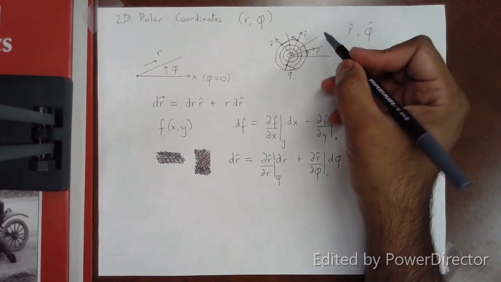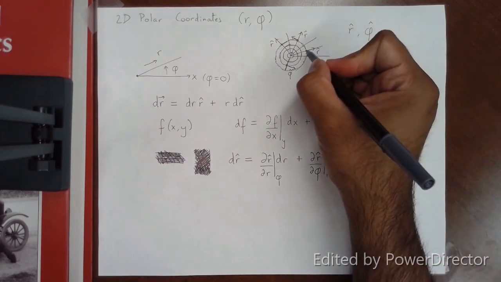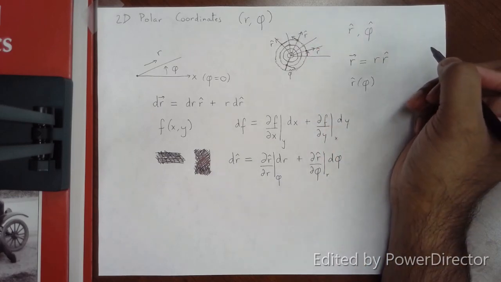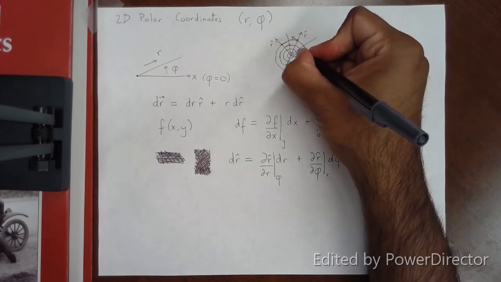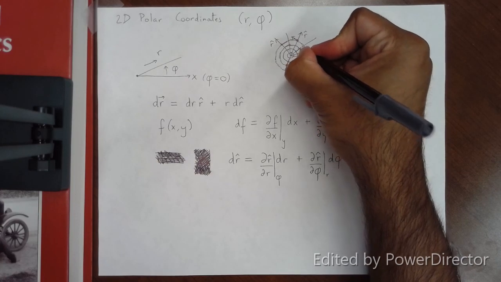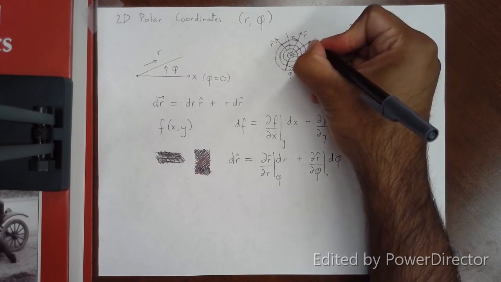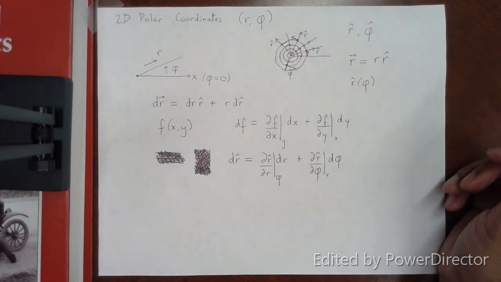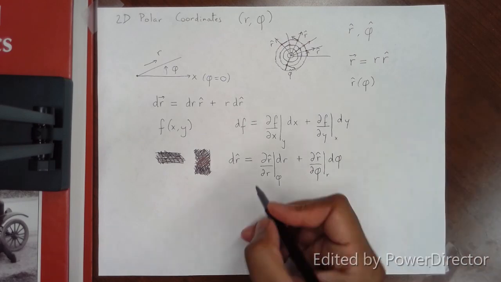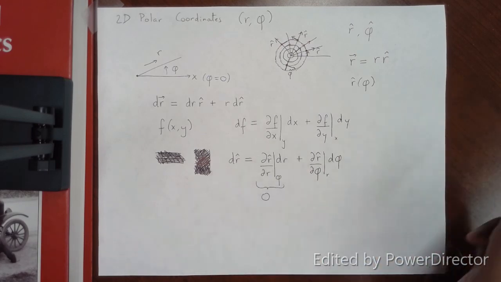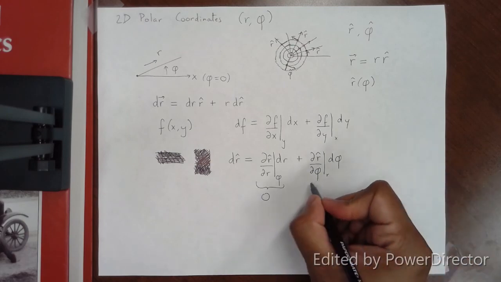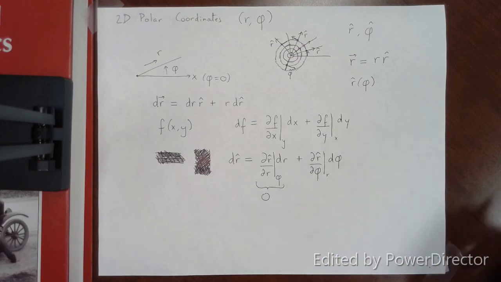Now we can already see pictorially that r hat does not depend on r. For example, if I look at r hat here, it points like this. If I look at r hat here, it still points in the same direction, and we know it has the same length. So this term will go to 0. That leaves us with how r hat depends on phi.